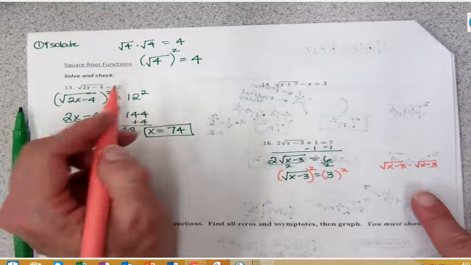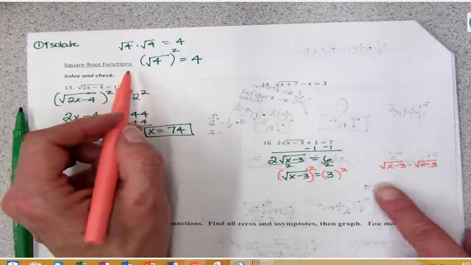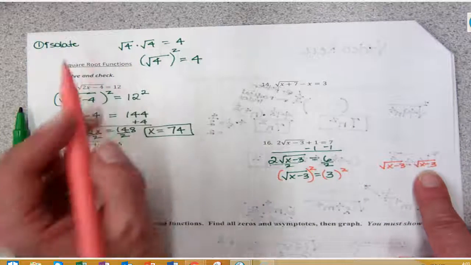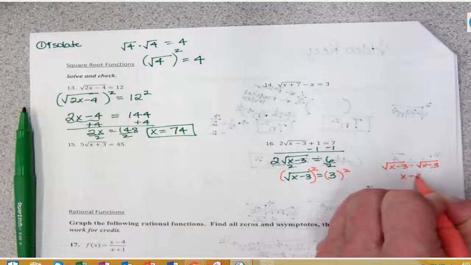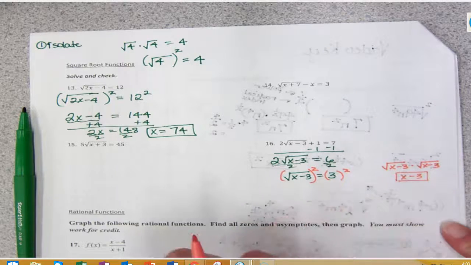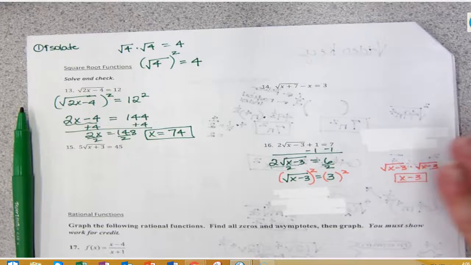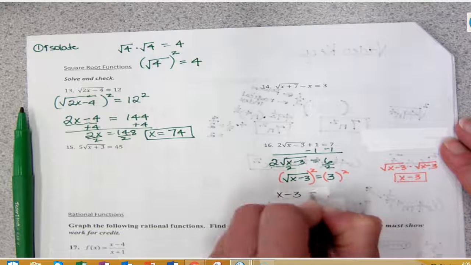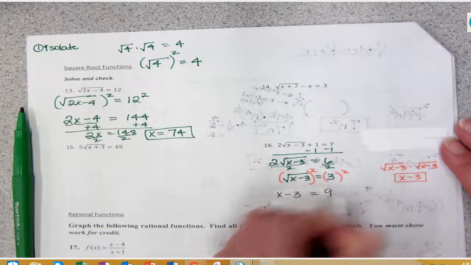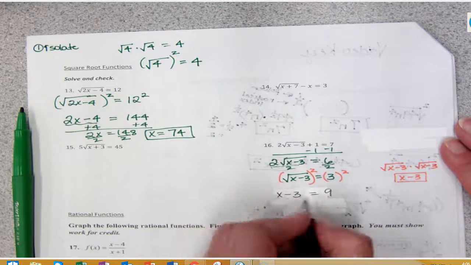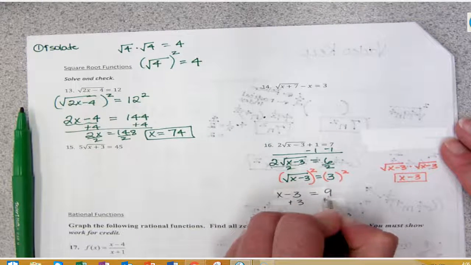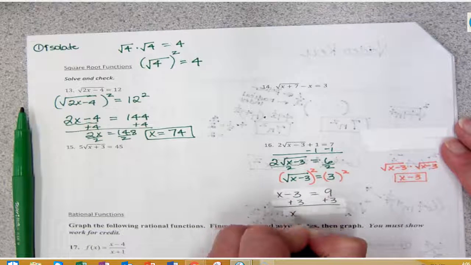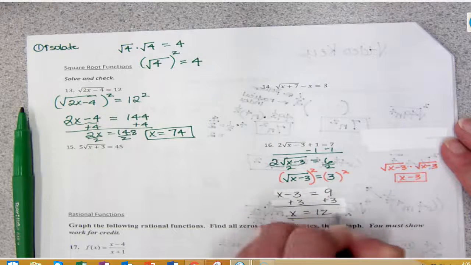And as we talked about up here, anytime you have the square root of something times the square root of the exact same thing, the answer is what's inside that radical. So I'm going to get x minus 3 equals 3 squared, which is 9. Okay, so now I just add 3 to both sides. Make sure you square that 3, and I'm left with x equals 12.